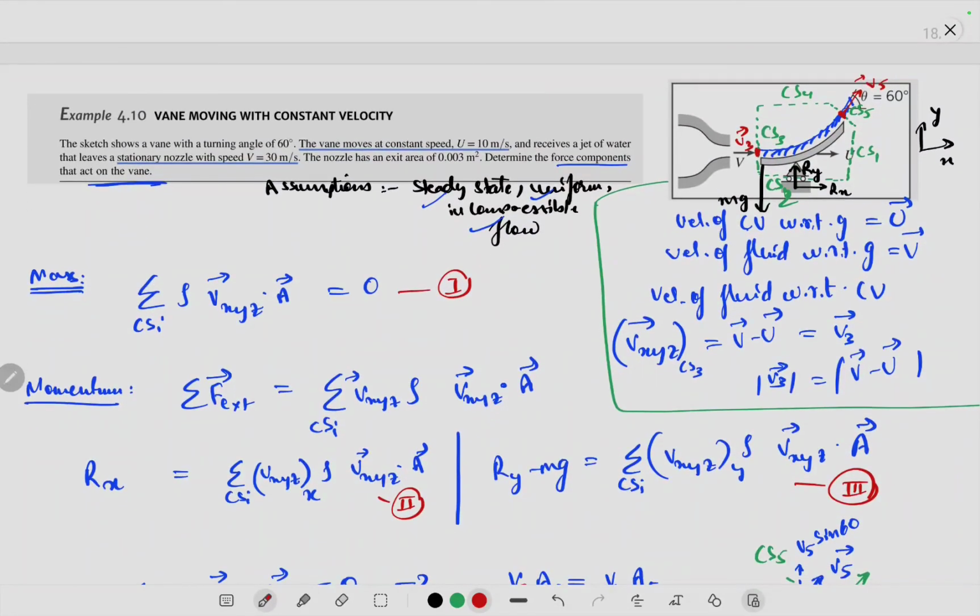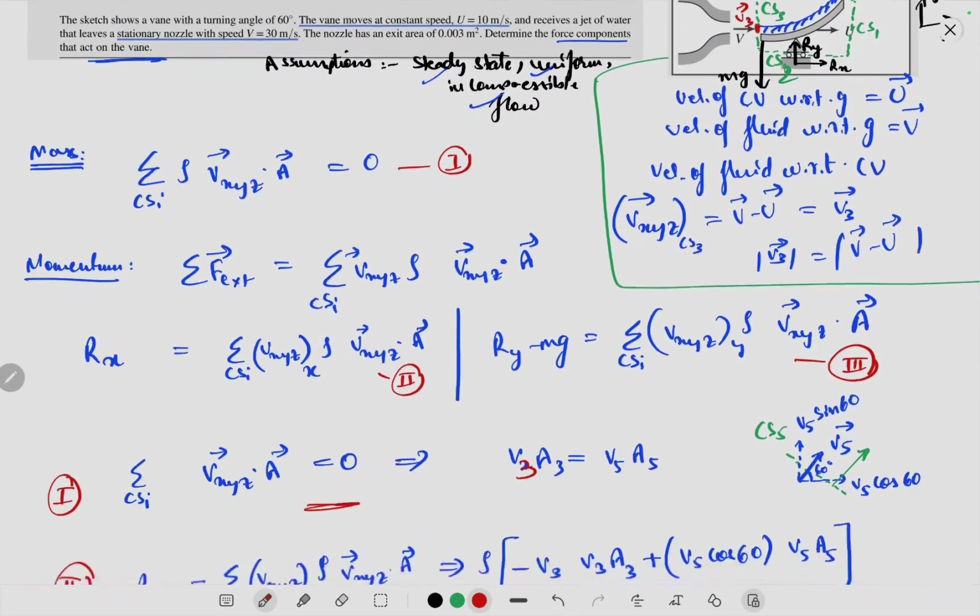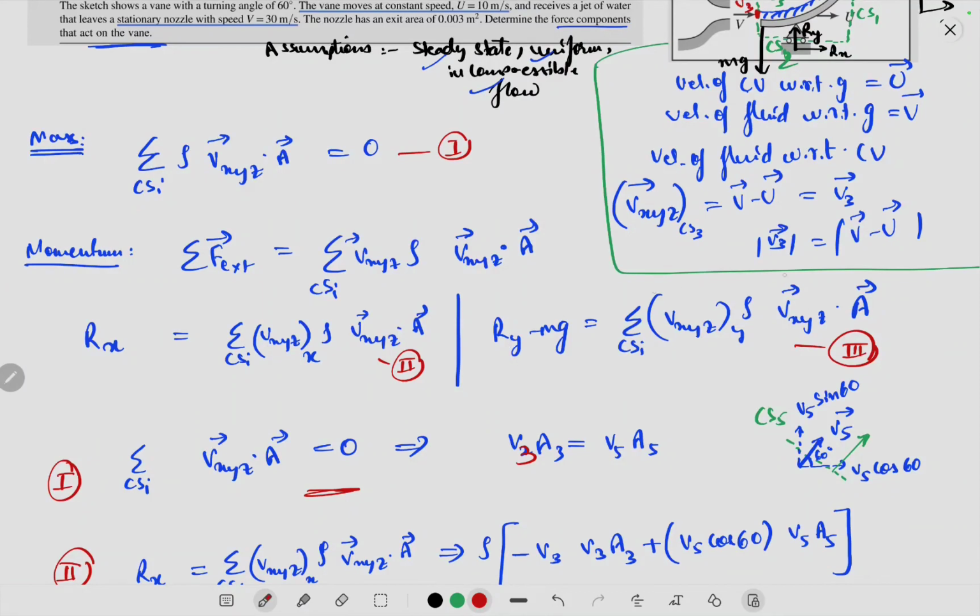Now what are the forces along y? We already argued that Ry is along the positive y-axis and mg is along the minus y-axis.